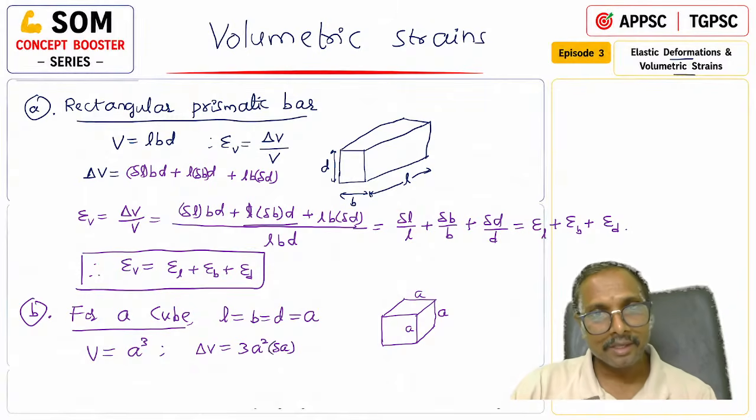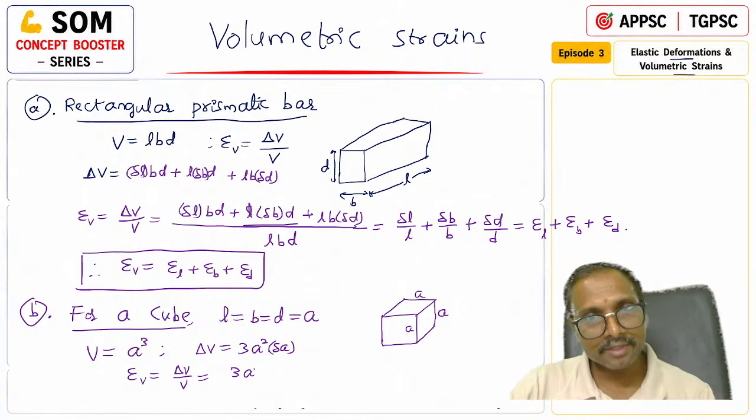Now tell me, volumetric strain, how can you get that? Change in the volume by the original volume. What is the change in the volume? 3 times A square into delta A divided by A cube. We are left with 3 times delta A by A. What is delta A by A?